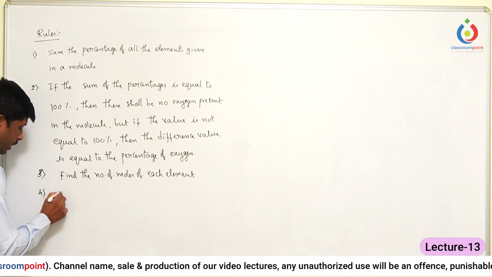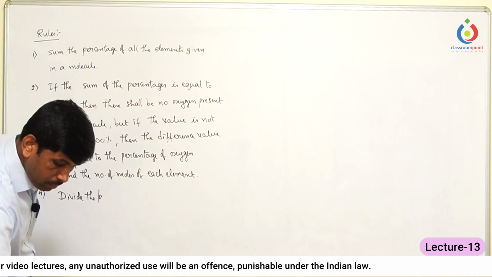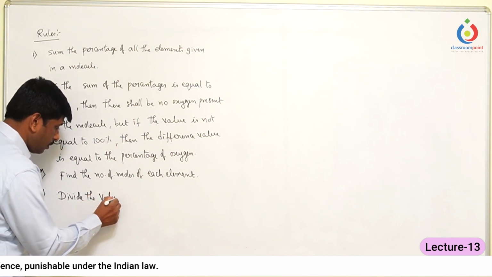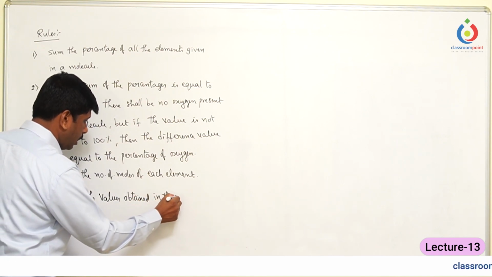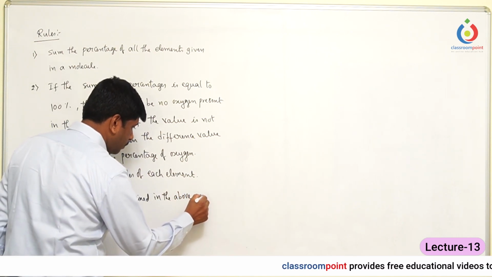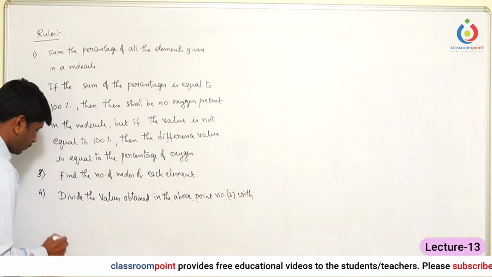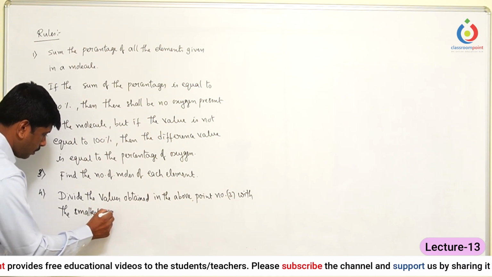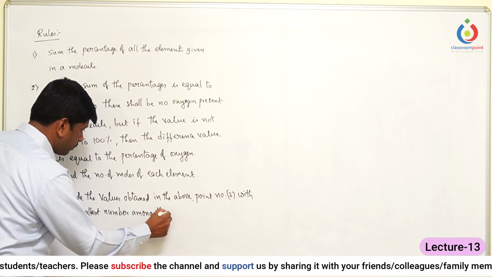Divide the values obtained in the above point number 3 with the smallest number among them.